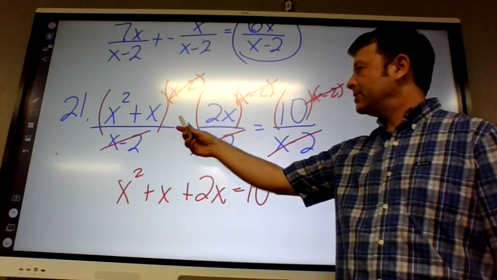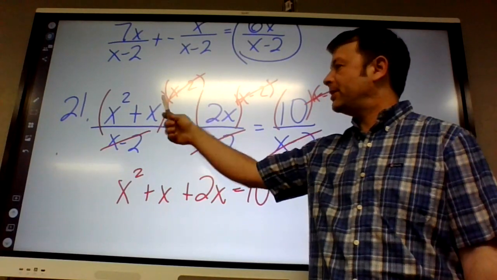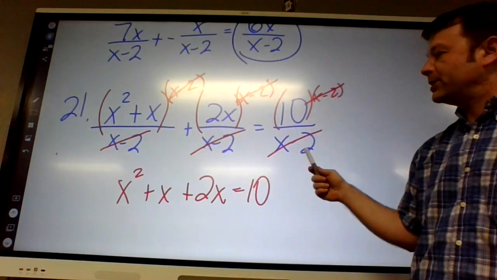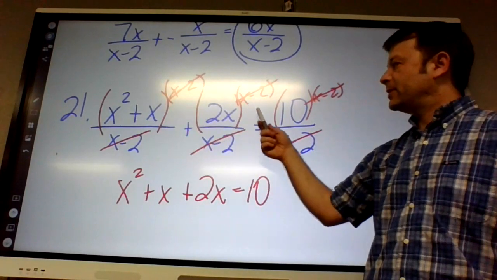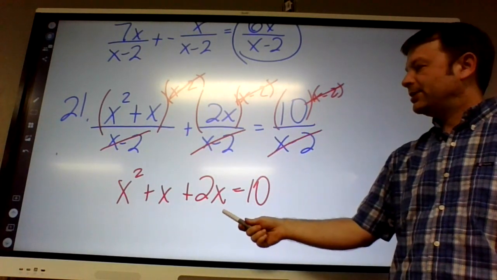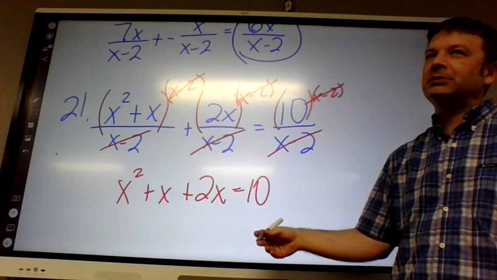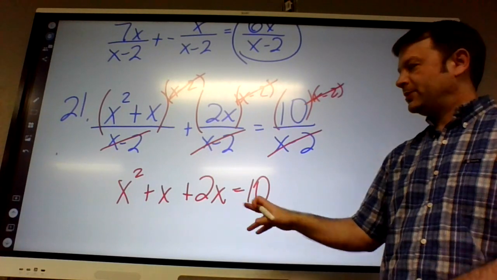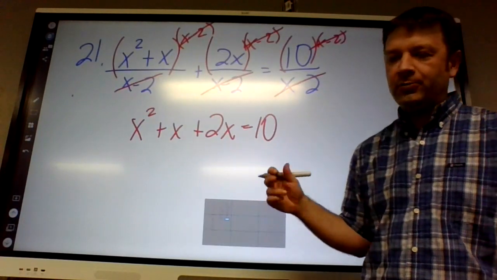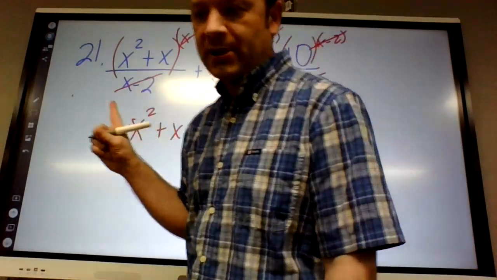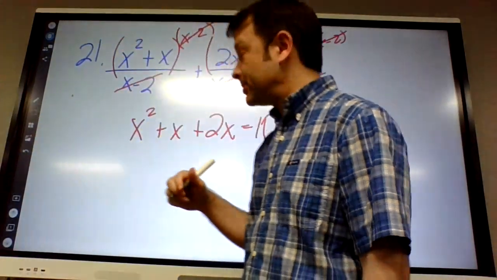So all we're doing, after I reduced all the denominators away, I just rewrote what I have left. How do I solve an x squared problem? Move everything to one side. Move everything to one side and probably factor. Although we did do quadratic formula once this chapter. I don't see it on this page though, so you guys are safe.